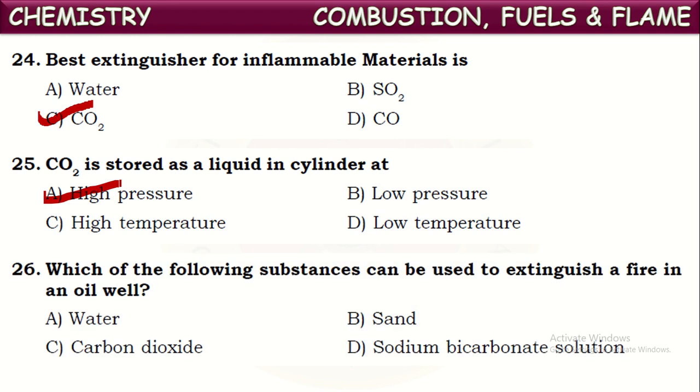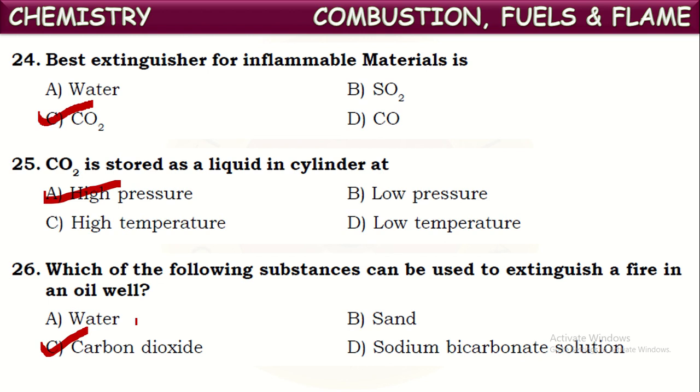Next one, which of the following substances can be used to extinguish a fire in an oil well? Even here, oil wells, electrical equipment, fire accidents, these fires can all be extinguished by using carbon dioxide only, because in those cases water cannot be used.